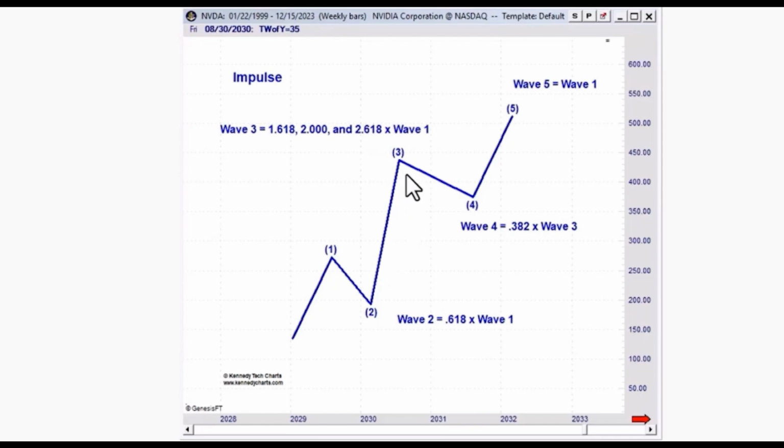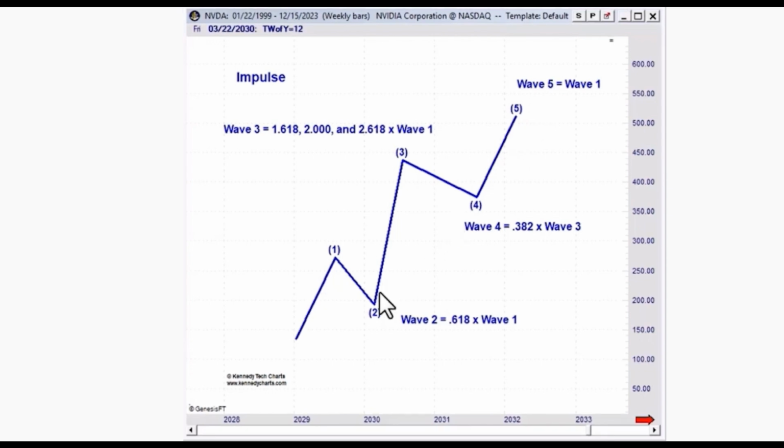Once wave 3 is complete, we see a 4th wave move, and the most common Fibonacci retracement for a 4th wave is a .382 multiple of wave 3. And then we go on to wave 5. One of the guidelines which governs the development of impulse waves is the guideline of wave equality, which simply states that in a 5-wave move, 2 waves tend toward equality and 1 wave will be extended.